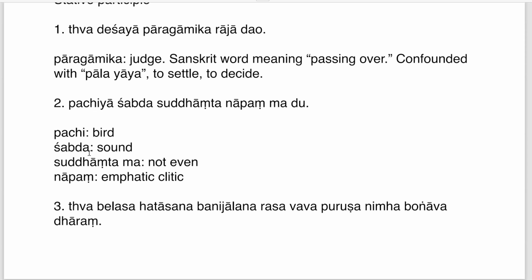So bakshiya shabda, bakshi is Sanskrit, bird, the bird, and genitive ending singular, and shabda, sound. So the sound of the bird, madu, did not exist. And nabang here, we have nabang before, but it is together with. But here nabang is an emphatic clitic, so there was not even the sound of a bird.